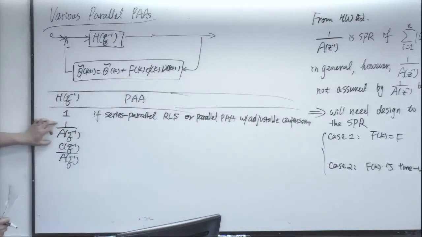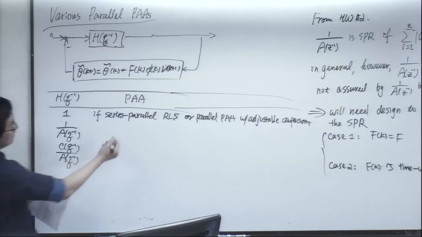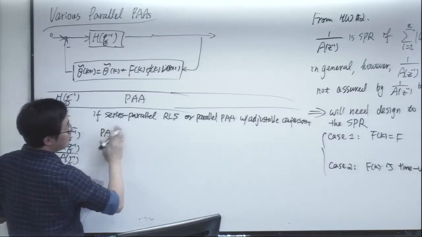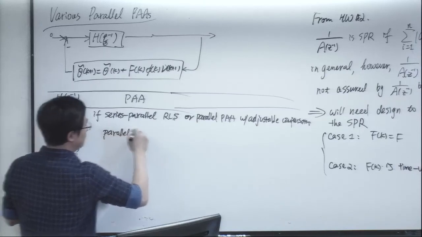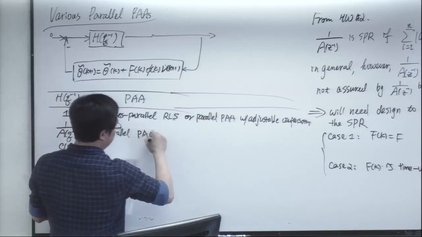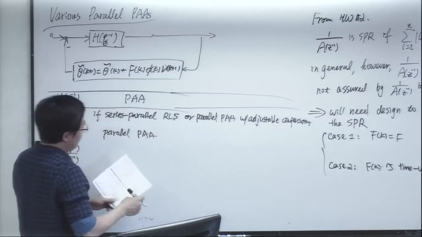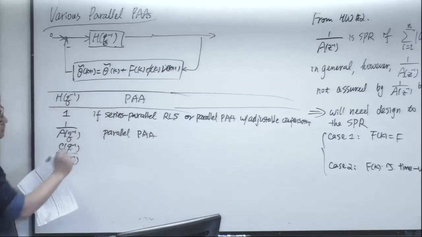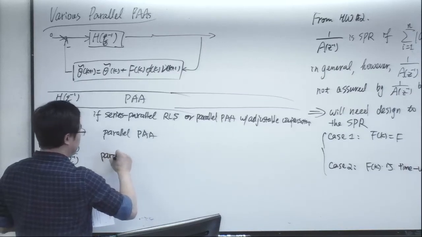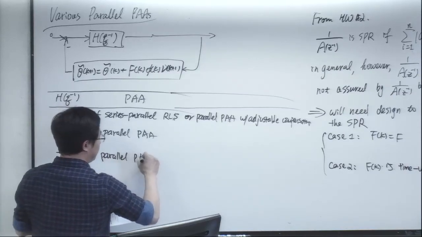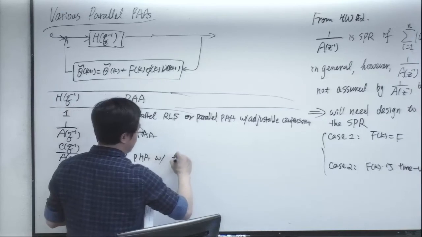If H is 1 over A, then this is parallel PAA, without any compensator. And then this one is parallel with fixed compensator.